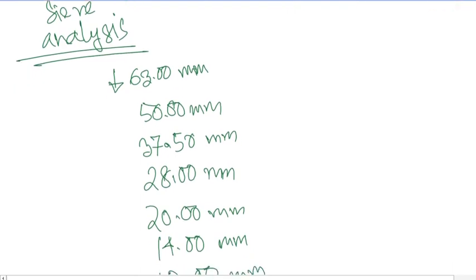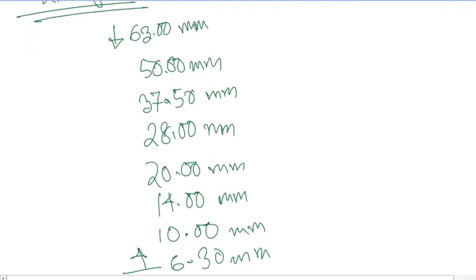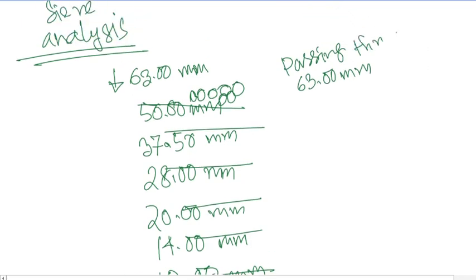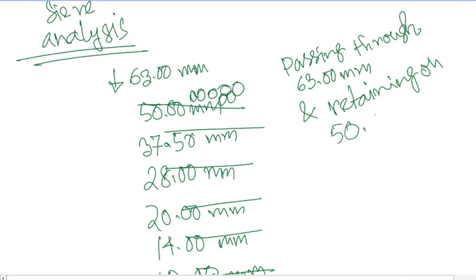While using these sieves, we will be getting the particles retained on each of them. The particles retained on the 50 millimeter sieve, we will call passing through 63 millimeter and retaining on 50 millimeter sieve.